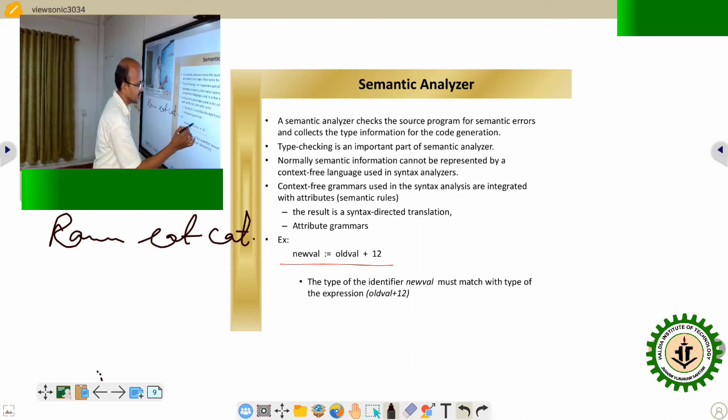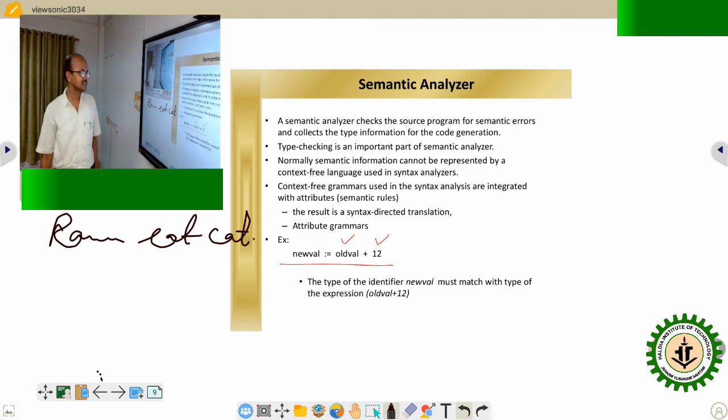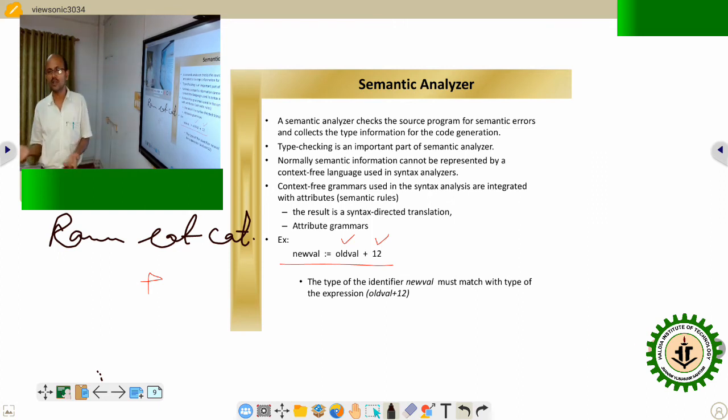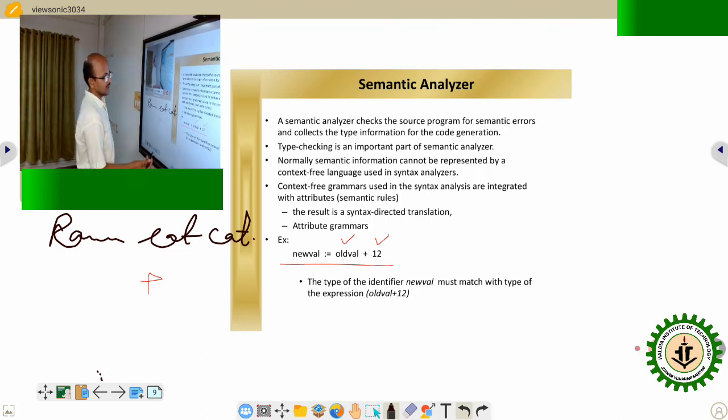We know that the plus sign is generally used to perform addition among integers, floating point numbers and so on, but not with pointers or with a string and an integer. So whether the old value matches the type of 12 or not, that type of checking will be done here.